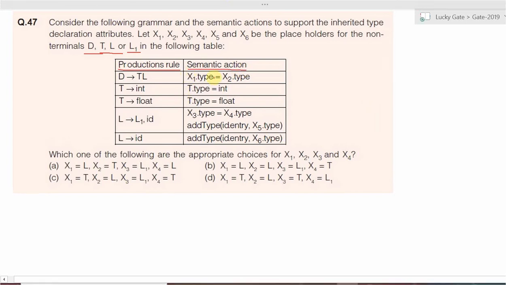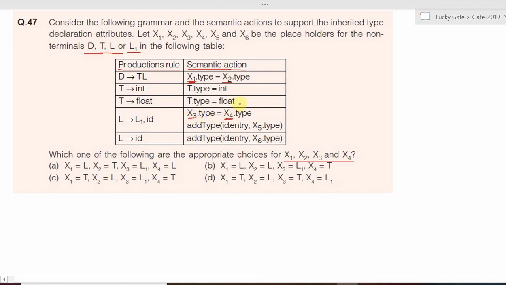Now the question is, which one of the following are the appropriate choices for x1, x2, x3 and x4 we have to find. Here you see, what actually should be there for x1, x2, x3 and x4 is the question.